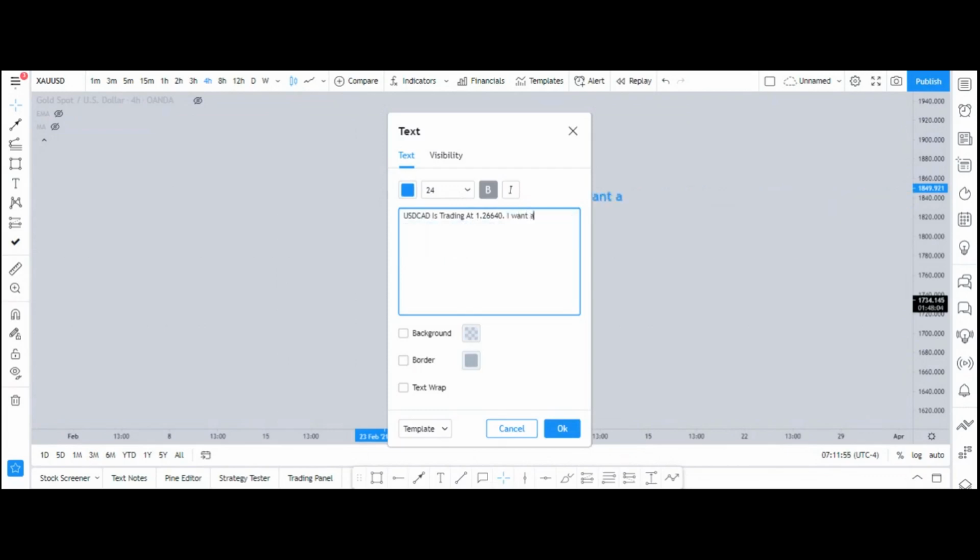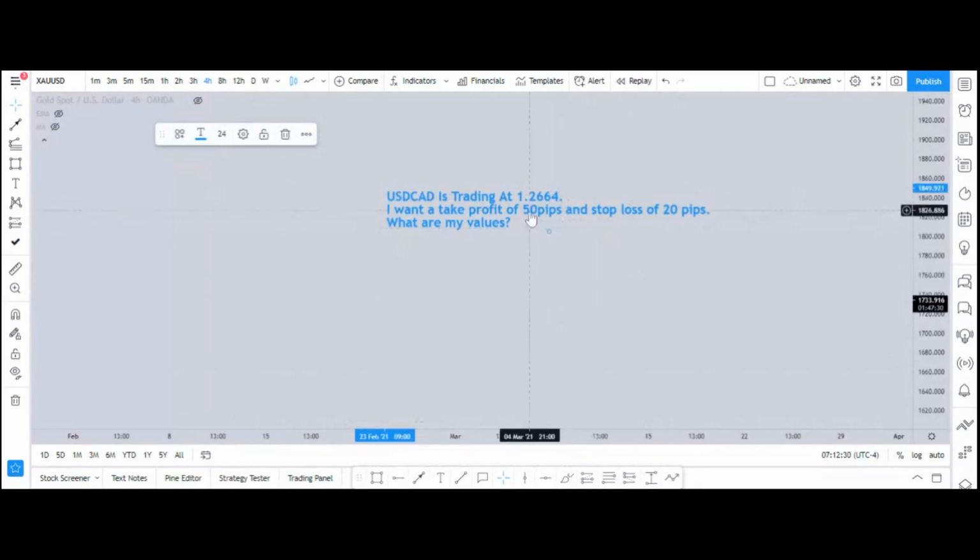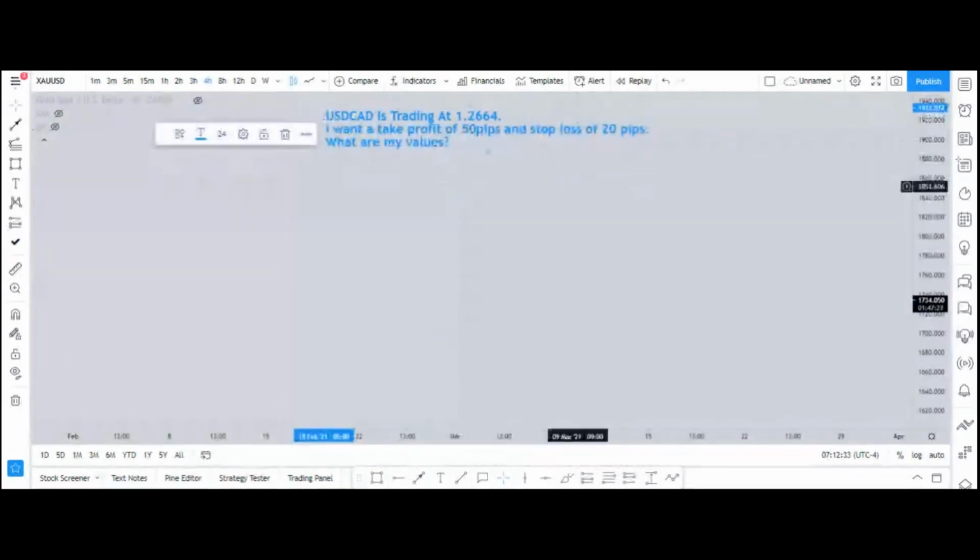I want a take profit of 50 pips and a stop loss of 20 pips. What are my values? Those are my stop loss and my take profit values. So this way everybody can combine the concept of take profit and stop loss together.